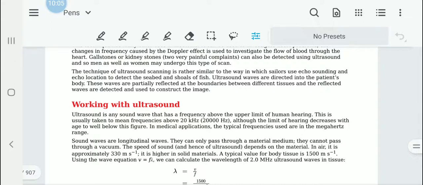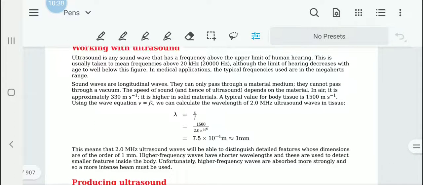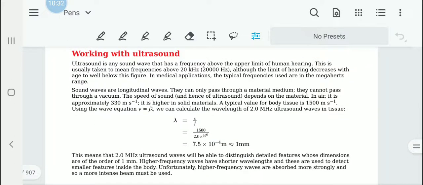So the ultrasound is directed to the patient's body, and when it gets reflected by different boundaries, we can figure out what is there by creating an image. So using these reflected sound waves, we can create an image. Obviously this image is created by a computer, so that would be taken onto a screen.